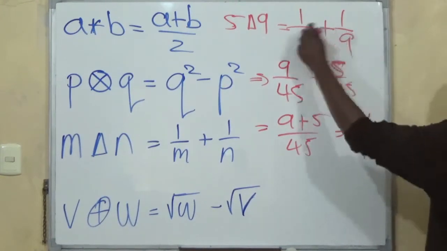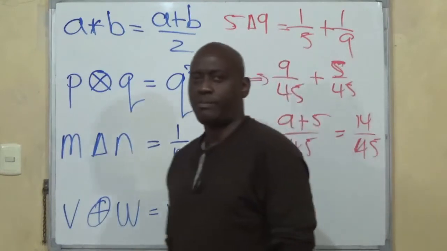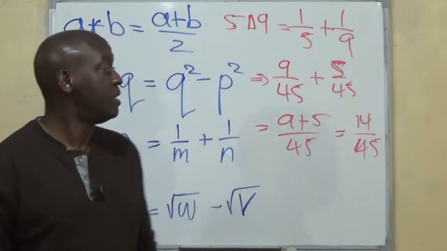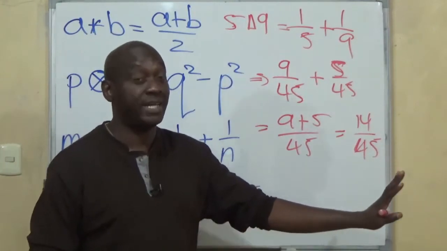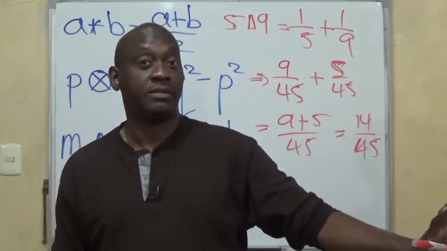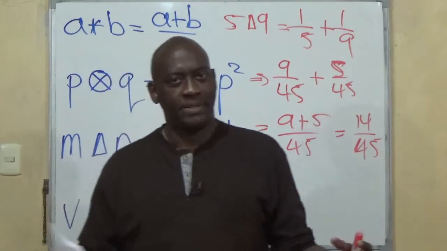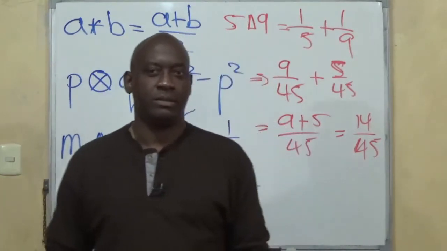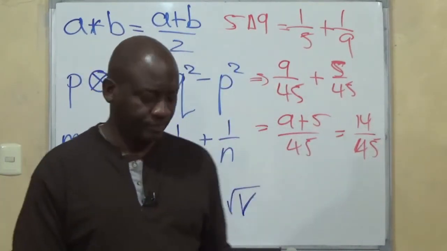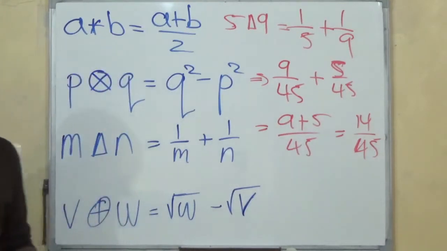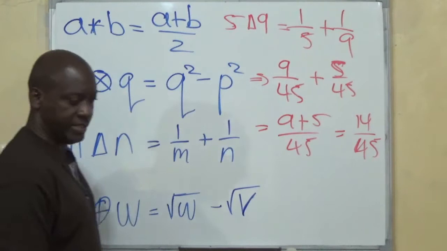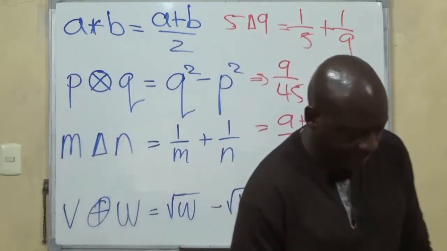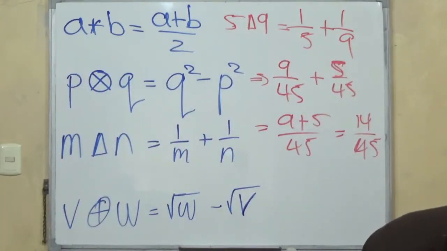There's a separate video that I did on the addition of fractions, so I don't have to explain everything that I did here. What you could do is check that out if you're interested, so that you start to put the little pieces together that need to be put together. So 5 triangle 9 would be 14 over 45.